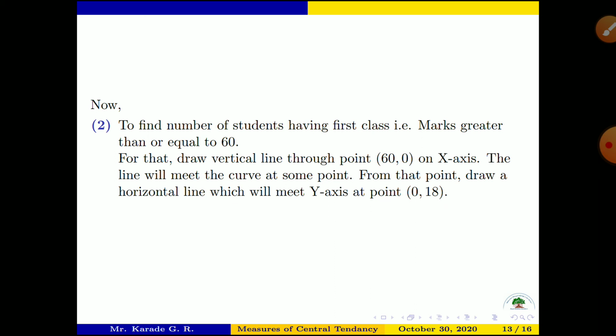From that point, drop a perpendicular on the y-axis. The foot of that perpendicular is the total number of students securing marks greater than or equal to 60, or the number of students with first class.